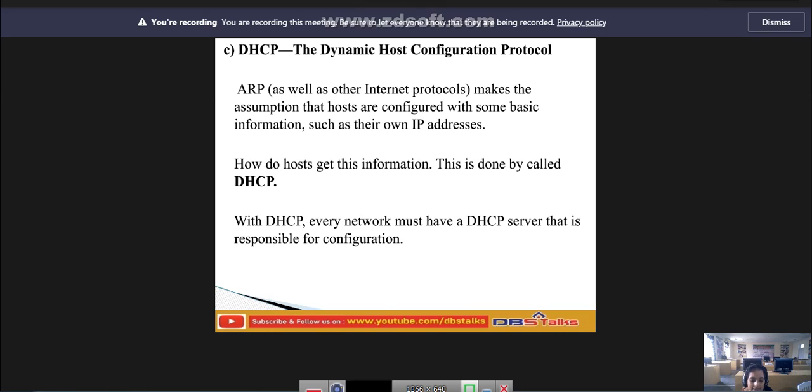With DHCP, every network must have a DHCP server that is responsible for configuration. When a computer is started, it has a built-in Ethernet or other link layer address embedded in the NIC, but no IP address. Much like ARP, the computer broadcasts a request for an IP address on its network.